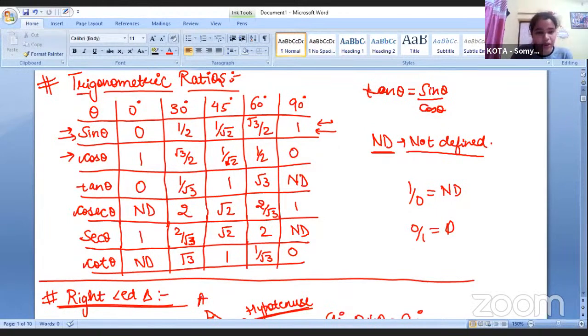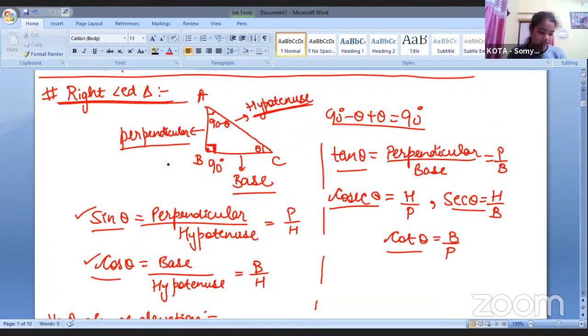Okay, now talking about the right angle triangle. Again, this is very important. Here we have a right angle triangle. We all know what a right angle triangle is: a triangle which has one angle as 90 degrees. Here the angle which is 90 is here. Whenever we add the three angles of any triangle, it will give us 180 degrees.